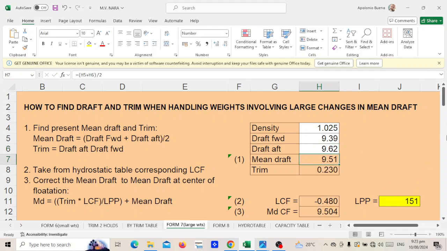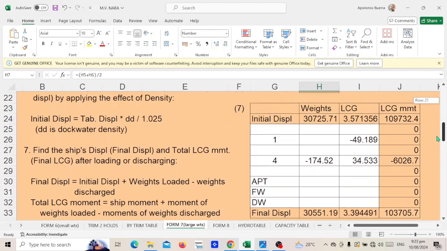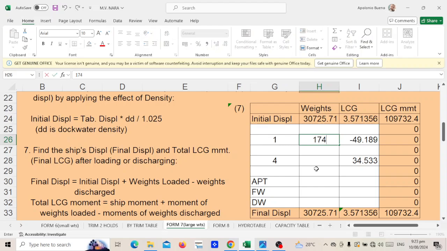So with this draft, guys, 174.52 has already been taken from hold number 4. So with the weight of 174.52, we have already taken out cargo in hold number 4. So this one, we take this out to 0, and we will ship it to hold number 1, which is 174.52.